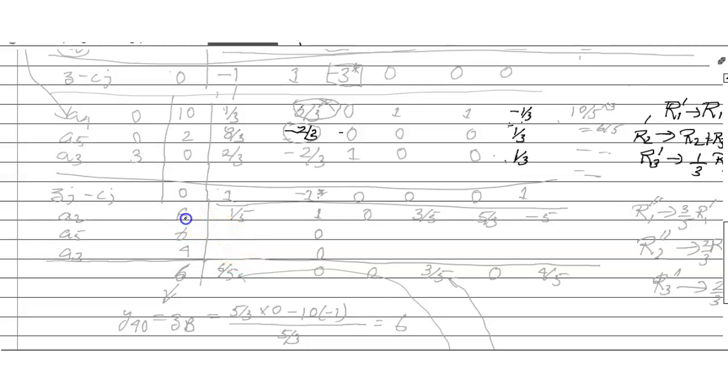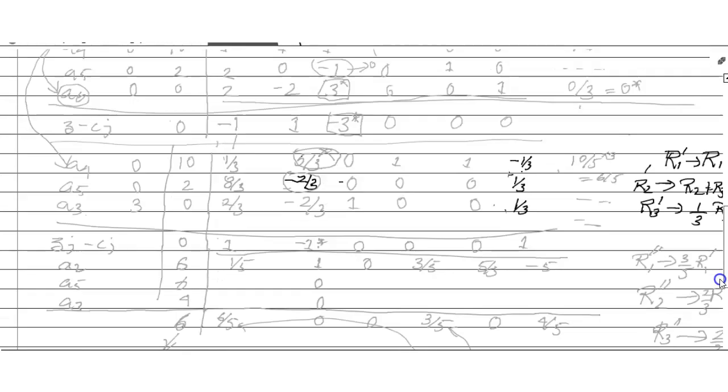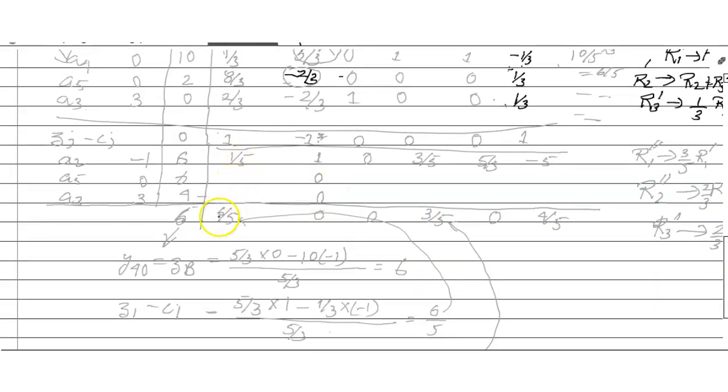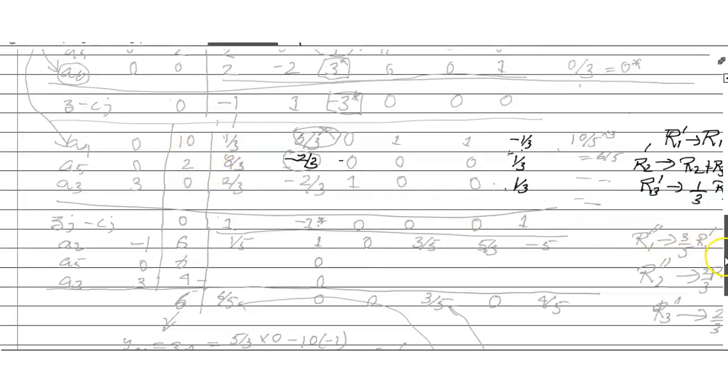This portion is 1 by 5, and this A2 portion, you will see my A2 is minus 1, A5 is 0, and A3 is 3. So this way you can also multiply, then you can get the same values. So how can I get it? I simply multiply 5 by 3 with 0, 5 by 3 into 0 and 10 into minus 1.